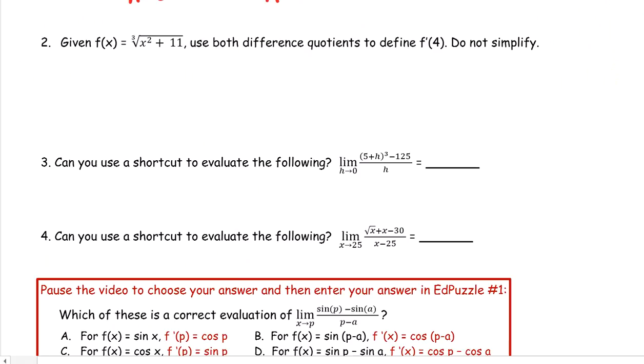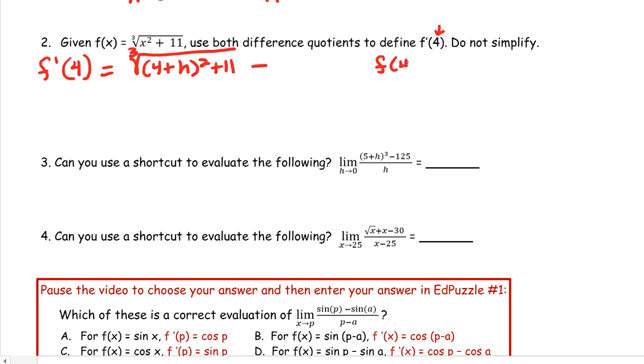Let's try another one. We're practicing our definition of derivatives here. So our f prime, this time our value is 4. So our f prime of 4 is going to be our function at x plus h. And our x value is 4 minus our f of 4 value.